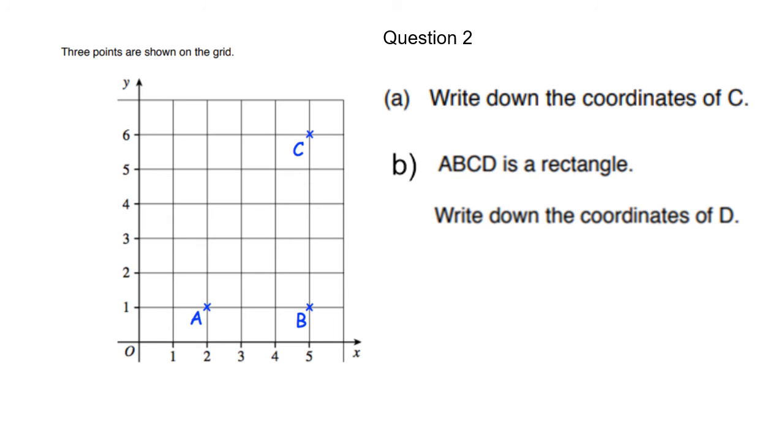Question 2. First of all, you've got to write down the coordinates of C. And then for part B, if I put one more coordinate on there to make a rectangle, where would that coordinate go? So coordinate D is the last corner of the rectangle. What would be the coordinates of that point D?